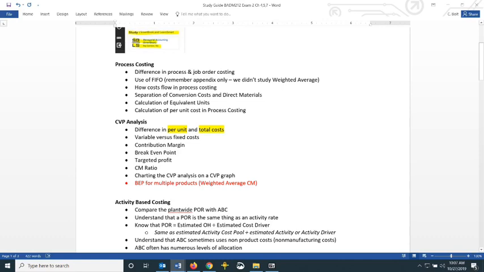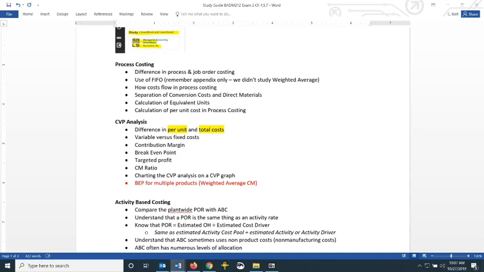We've talked about cost, volume, profit analysis. Finally, we're going to talk about activity-based costing, knowing that it is a more expensive but more accurate way of determining the allocation of overhead costs, and we found that overhead costs in activity-based costing can be both manufacturing costs and non-manufacturing costs.